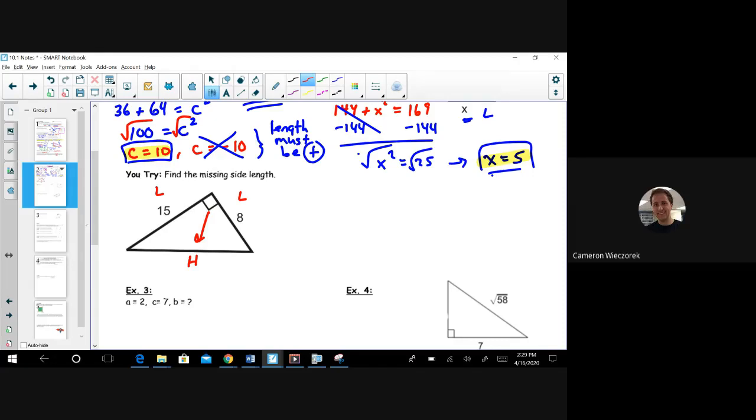Okay. Now I want you to try to set up the equation before I write it out. So give it a shot. See if you can set up what the equation would be. We don't know this side. Let's call it x. So you should get 15 squared plus 8 squared equals x squared.